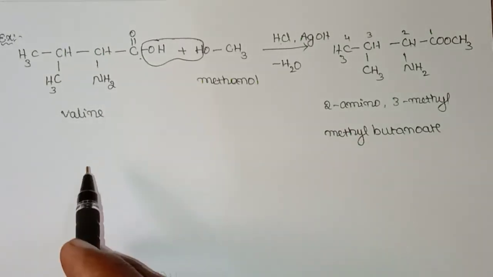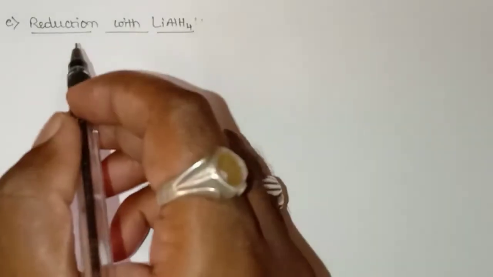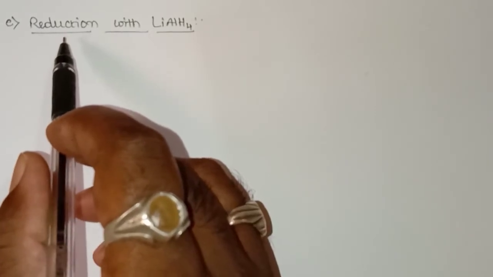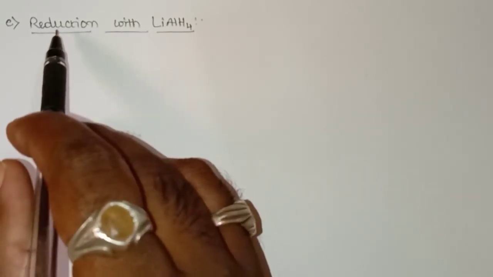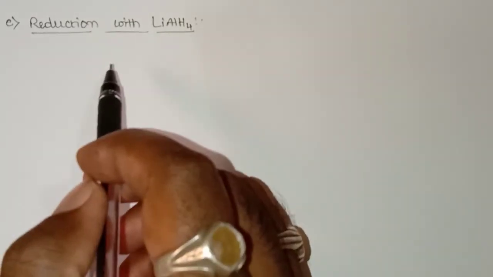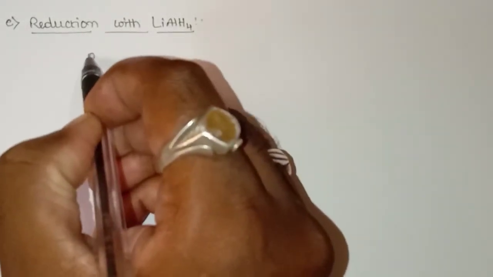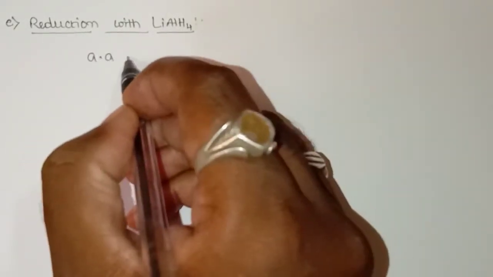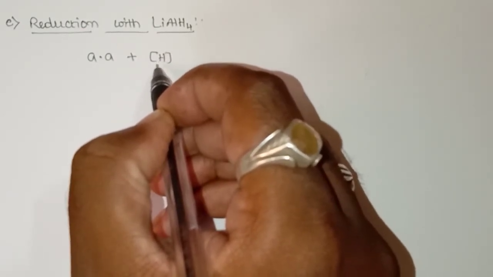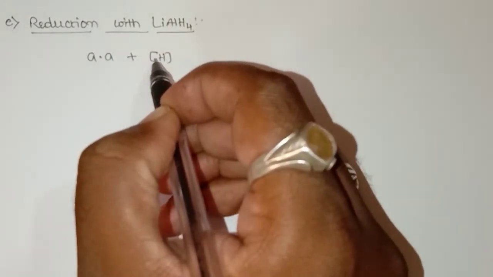So the next reaction, the third reaction of amino acids due to the COOH group, is reduction of amino acids with a strong reducing agent such as lithium aluminum hydride. When amino acids are subjected to the process of reduction, if you have written it like this, that indicates the nascent hydrogen, right?